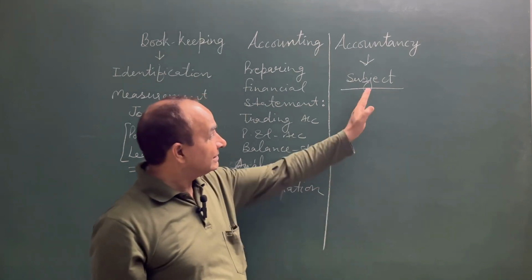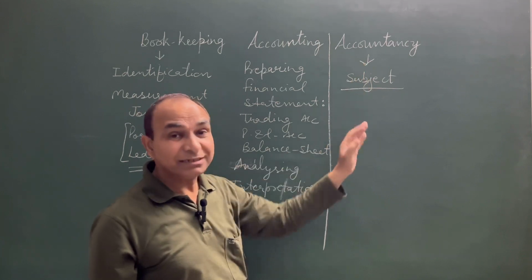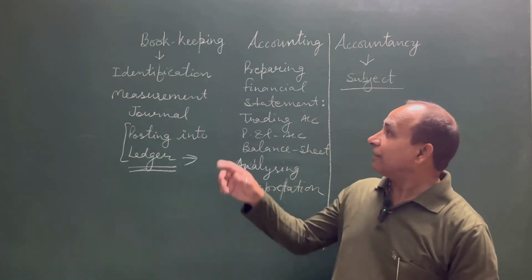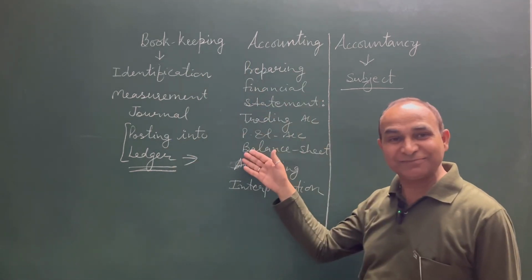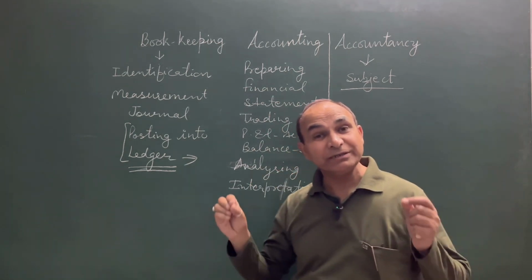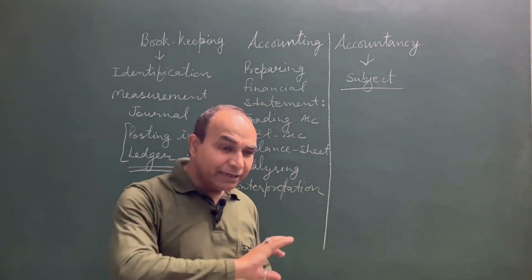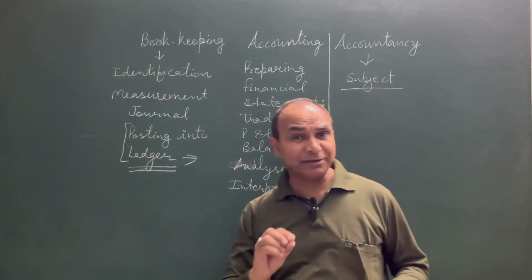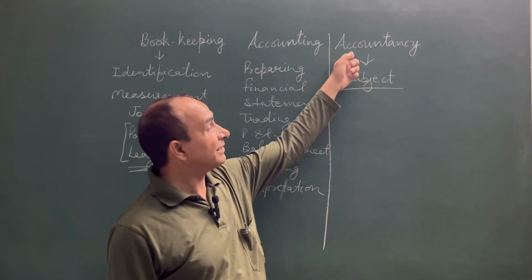And after study and understanding of these techniques and principles given by the accountancy, the accountant comes to know how to record the transaction, how to prepare the financial statements, how to analyze the financial statements, and how to interpret the financial statements. It means entire knowledge relating to bookkeeping and accounting is provided to us by accountancy.